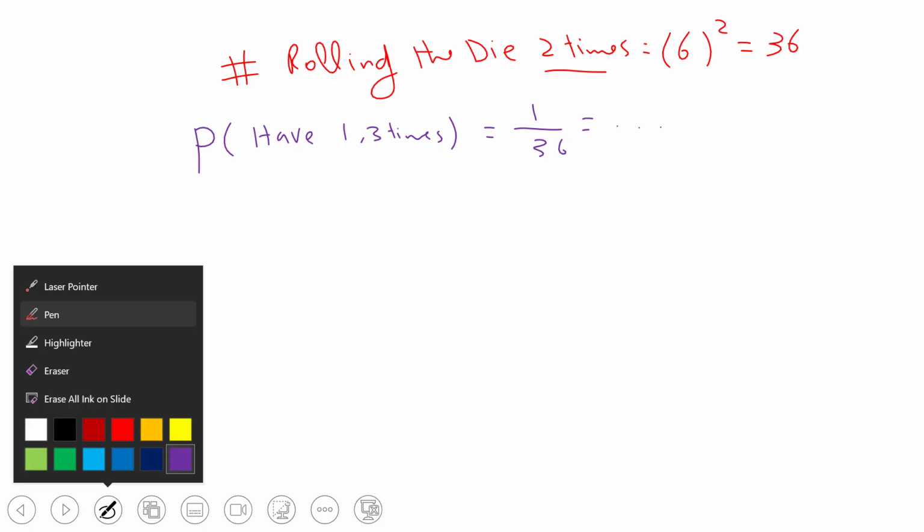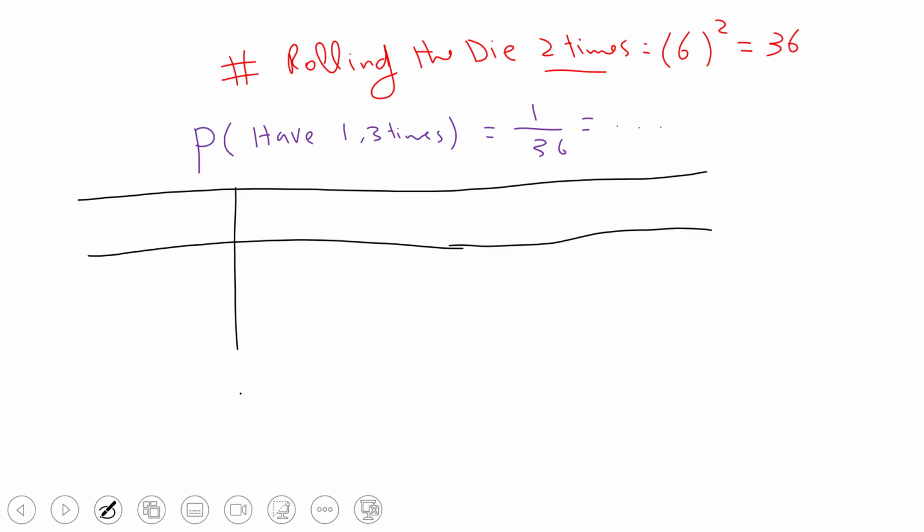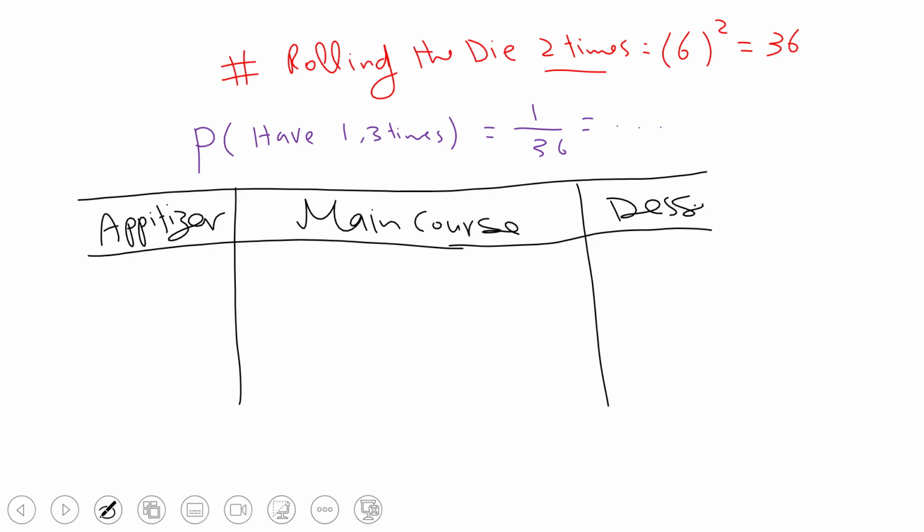But sometimes you don't have an experiment and you don't repeat the experiment. Sometimes you have a menu in your restaurant. In the menu you have an appetizer, the main course, and a dessert. In the dessert you may have, say, Pepsi, cola, and orange juice.